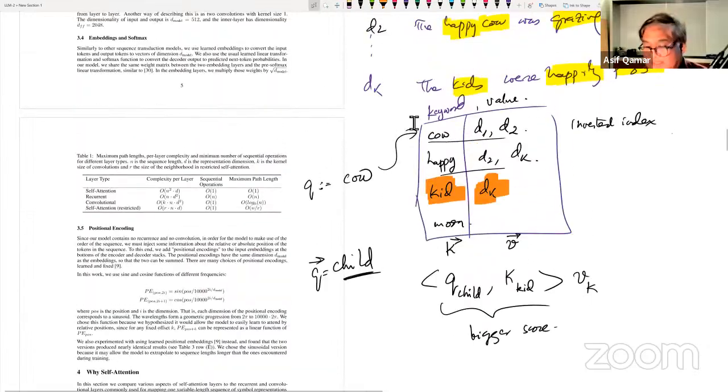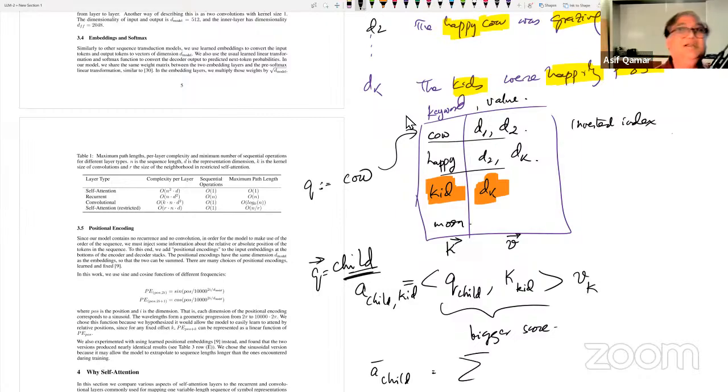See, guys, if you understand this basic intuition, that this is the attention that child pays to the kid, it is the attention score. This is the attention. But then if you want to have the full child attention, how much you should return, you would agree that you should sum over all the other words, right?